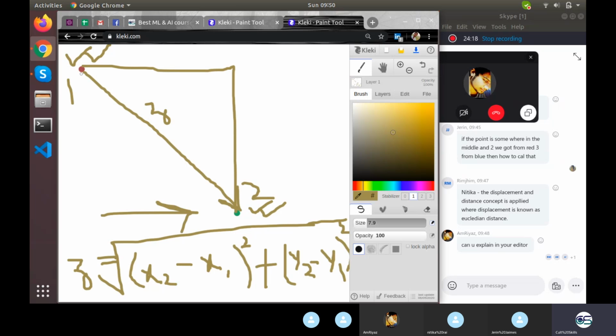Suppose this x is 0. The graph is starting from here only and going till here. So x1 is 0. In the case of y, the graph is ending here, so y2 will be 0. Okay, what I am having is x2 square plus y1 square.